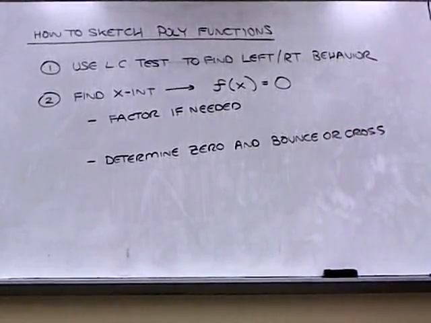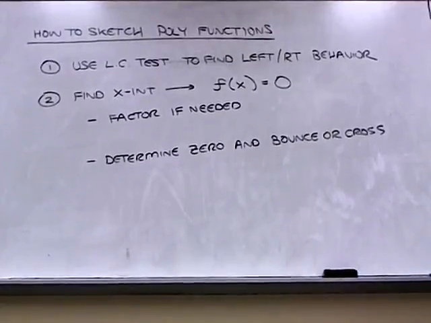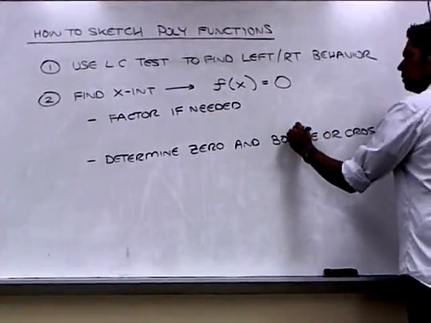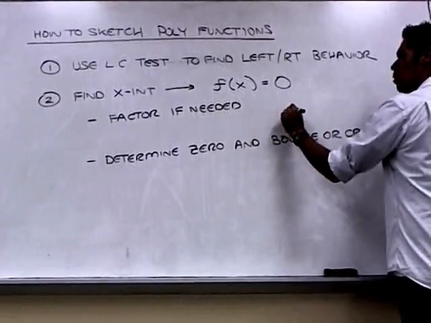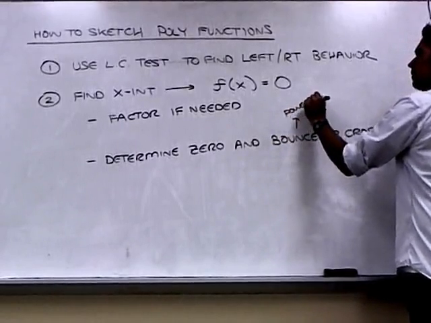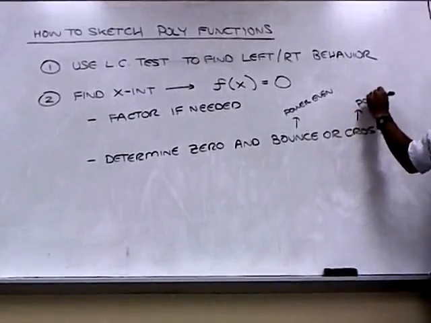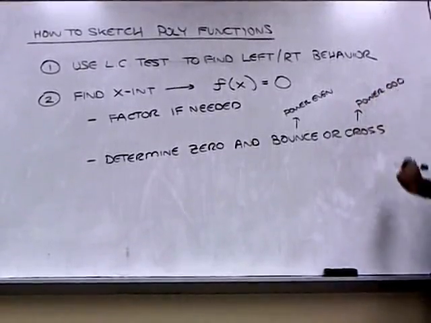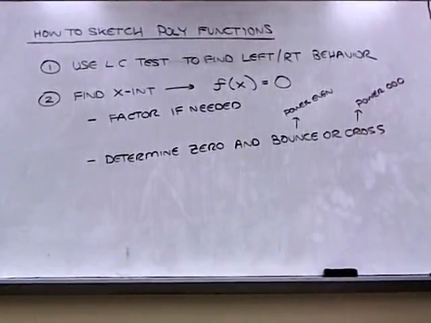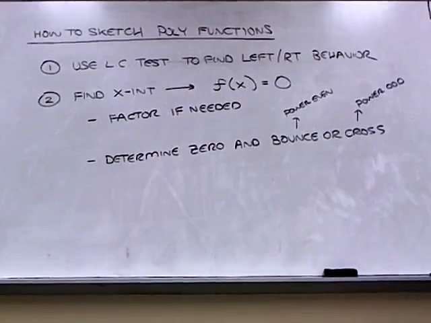When do we bounce off of a 0 or an x-intercept? When the power is what? Even. When do we cross? When the power is what? Odd. And when I say power, what am I talking about? The power of the factor itself, the thing in parentheses.